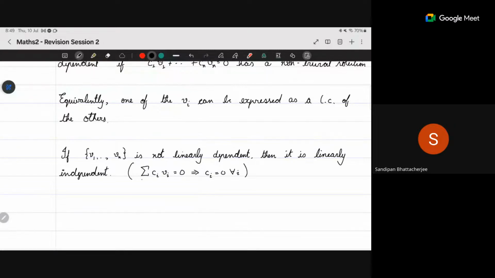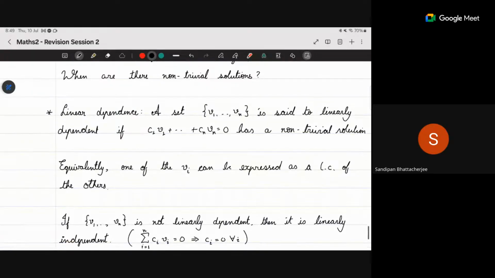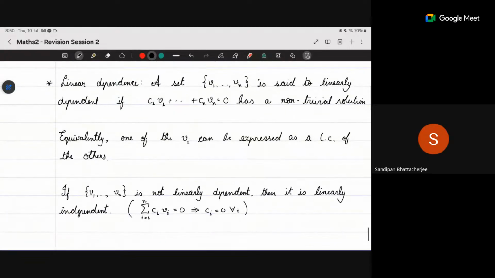If this happens, this is the same as saying that it is linearly independent, which means that the zero solution is the only solution. Zero solution is always a solution, but here it is the unique solution.